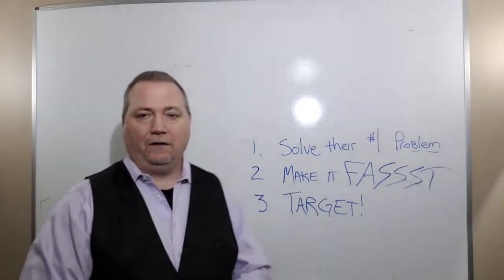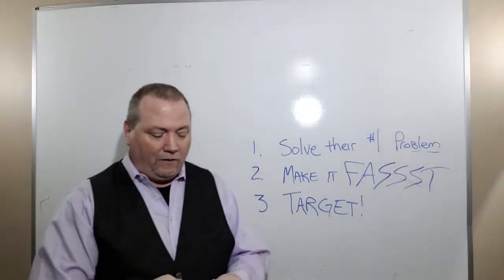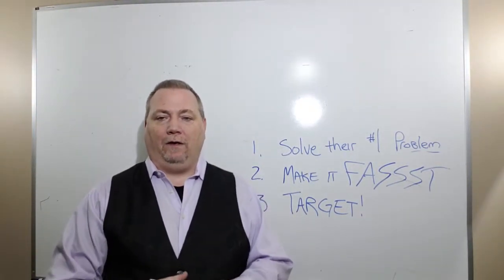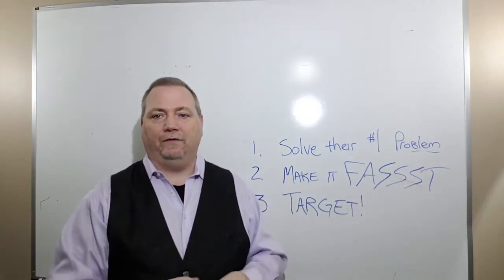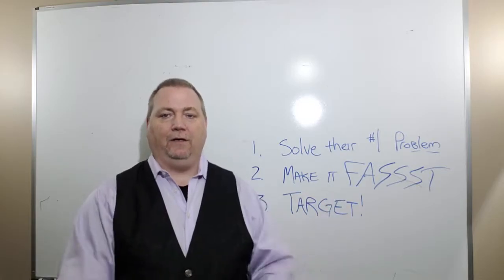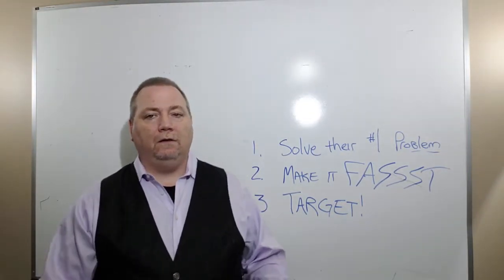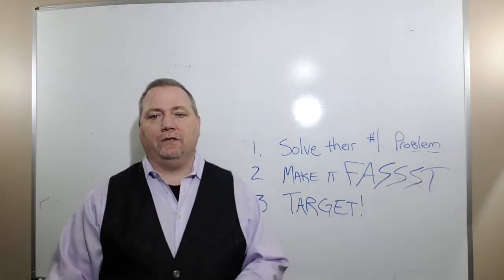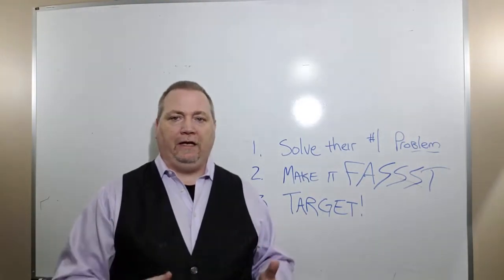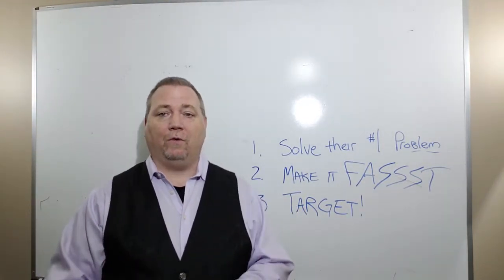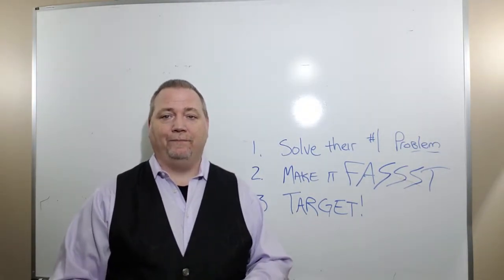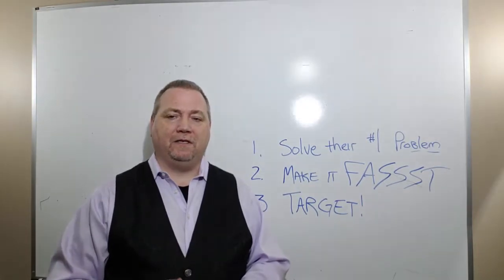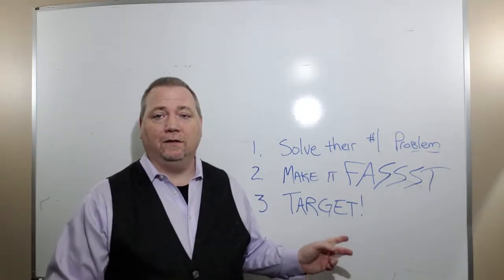is target your opt-ins. Now, a lot of people think, well, I am in the golf niche, so I'm just going to put out a golf lead magnet and call it good. While you're going to get some conversions, if your niche has a skill level associated with it, you're going to run into problems because not everyone is going to want the lead magnet.